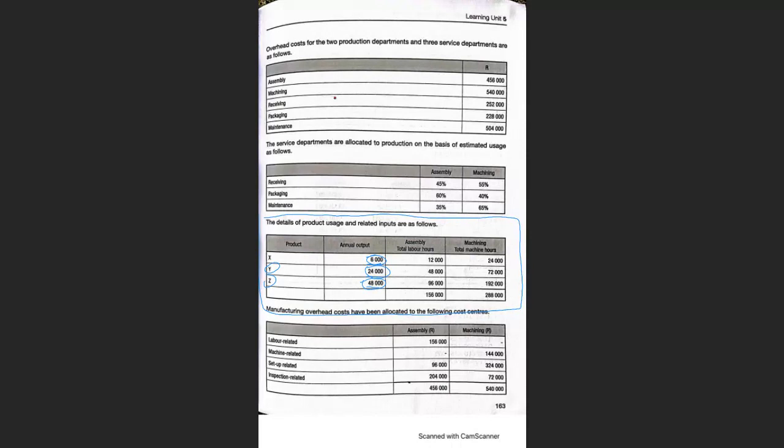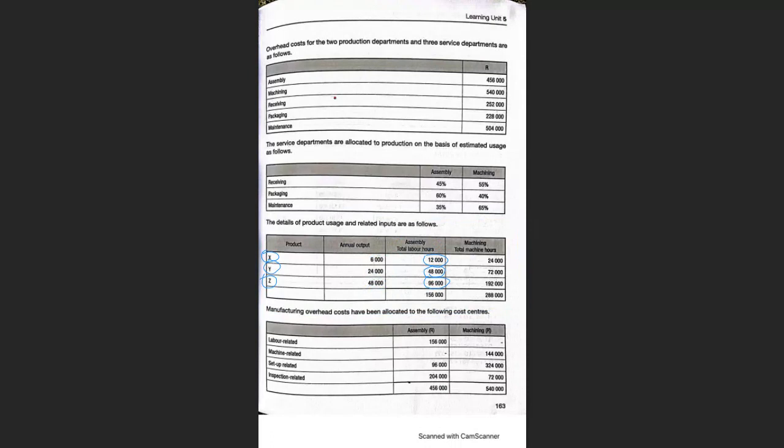Then they said to you that this is the assembling department. The assembling department is based on the number of total labor hours. So what it's saying to you here is that the total labor hours for product X is 12,000. The total labor hours required for product Y is 48,000, and for Z we need 96,000 hours.